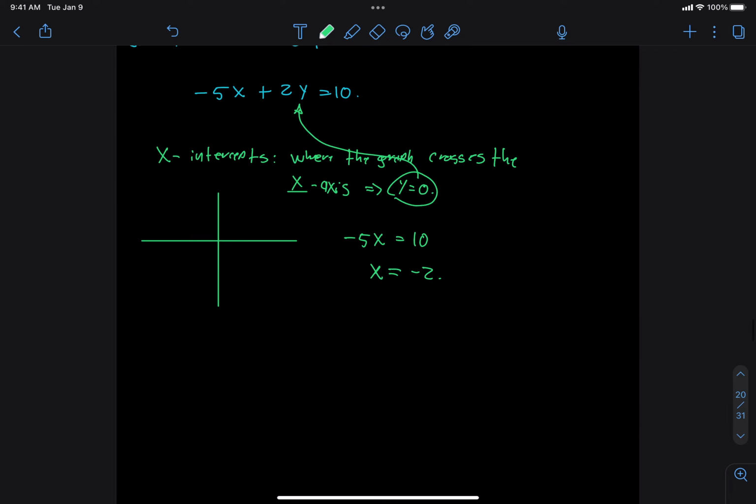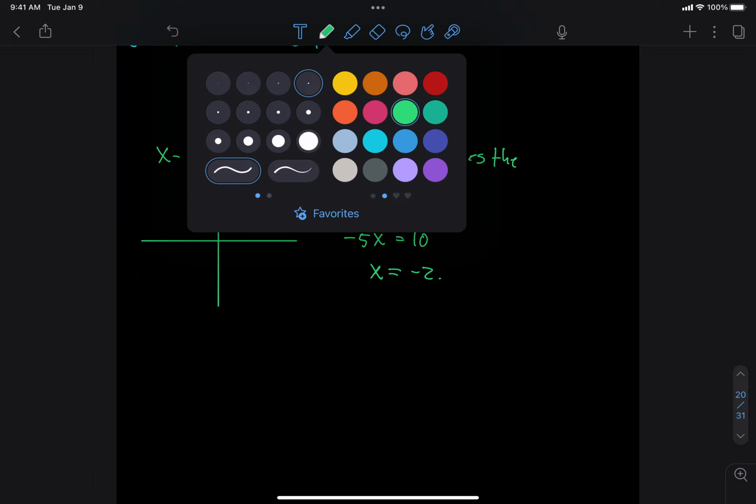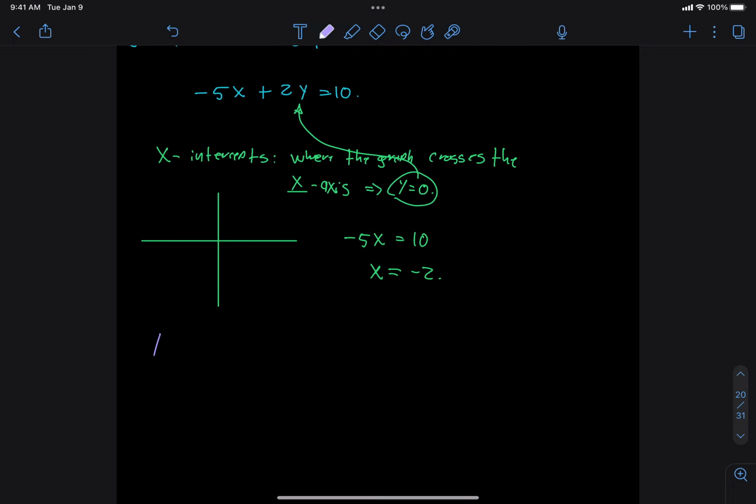Okay, then let's do the y-intercepts. I'll do that with this lavender color maybe. Y-intercepts are where the graph crosses the y-axis. What does every point on the y-axis have in common with one another?